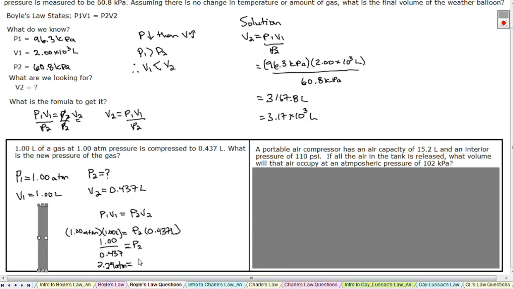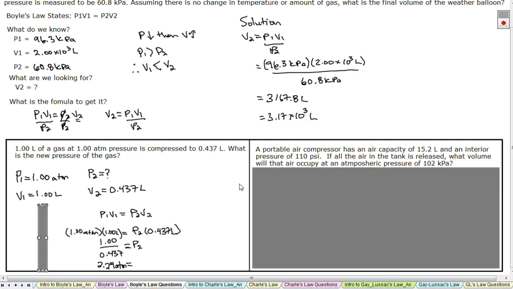We have another question here. We have a portable air compressor that has an air capacity of 15.2 liters at 210 kilopascals. If all the air in the tank is released, what volume will that air occupy at atmospheric pressure? Now this question, we've thrown a bit of a monkey wrench in here. We've got more than one pressure unit.